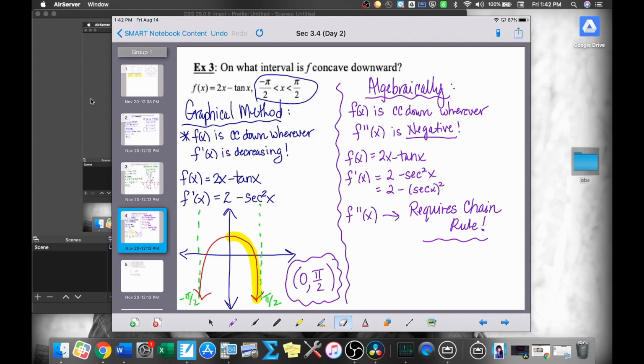But if this were the question on the AP test and you didn't have a calculator, then you'd have to do it the algebraic method and you'd have to be able to find the second derivative so that you could figure out where the second derivative is negative. So again, this is section 3.5, which is coming soon.